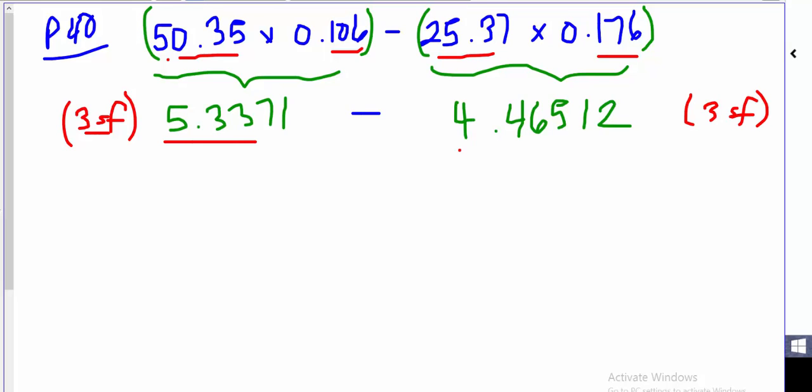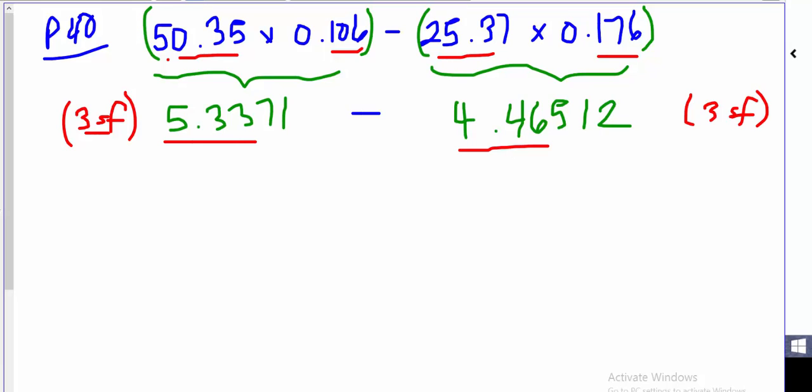And so 1, 2, 3 would end right there at the 6, but again, I don't want to round yet. I want to keep those digits there, even though I'm not going to have more than 3 sig figs in my answer. But let's carry on here before we figure out what our final one is going to be.